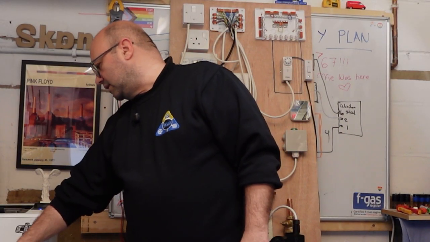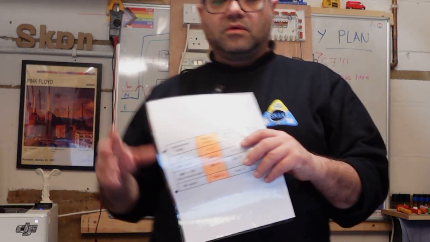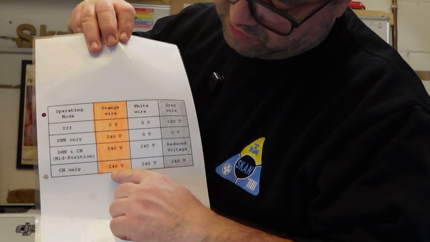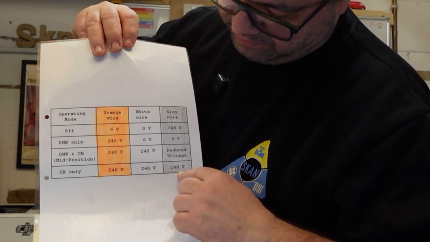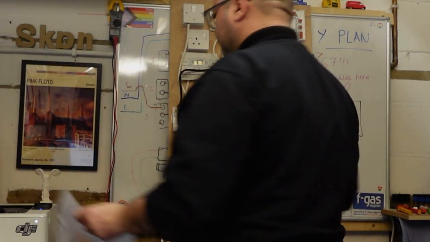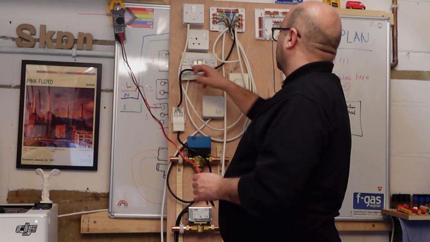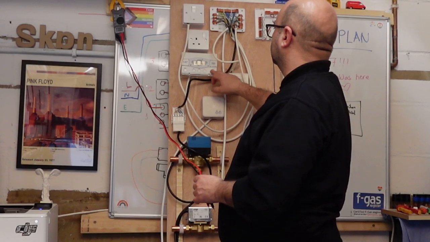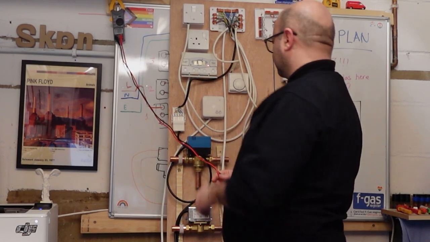Let's see the heating only now, central heating only. On central heating only, we expect to see on the orange 240, on the white 240, and on the gray 240. Let's do it. We go to the Drayton timer, constantly on. Turn the thermostat on the maximum.